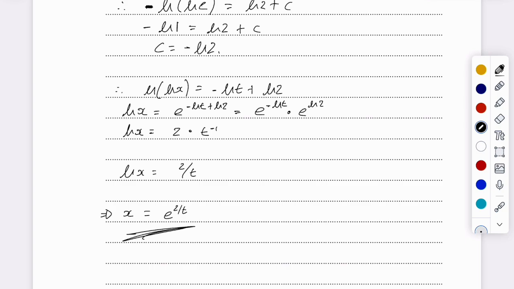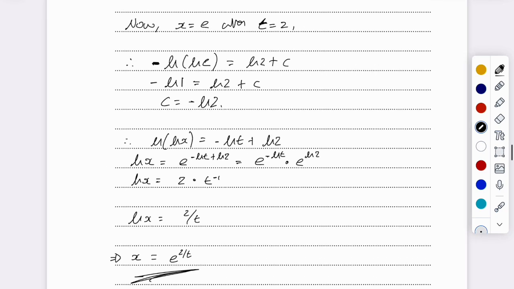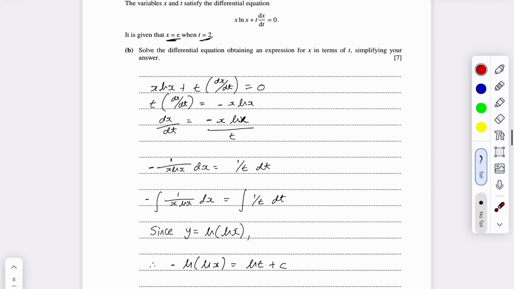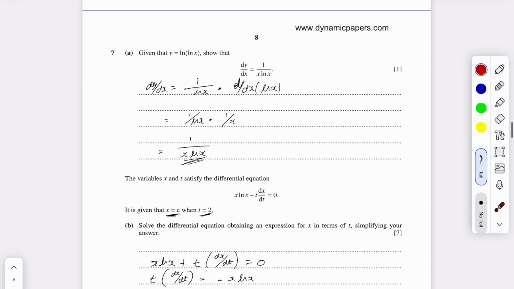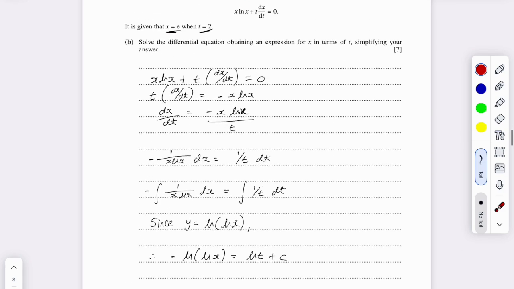So just a recap on this. We've been asked a differential equation. It wants us to find an expression for x in terms of t. So we lay out the equation. We then say we've got negative 1 over x ln x dx is equal to 1 over t dt.